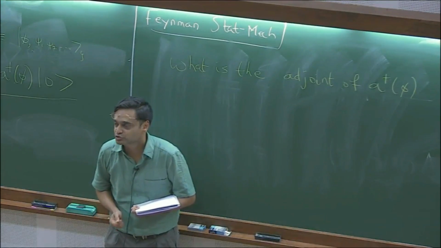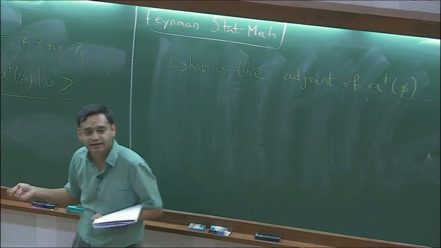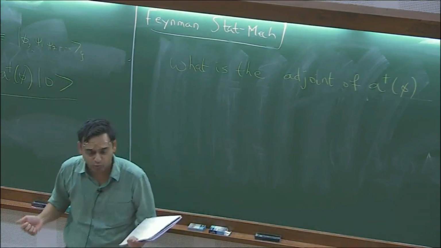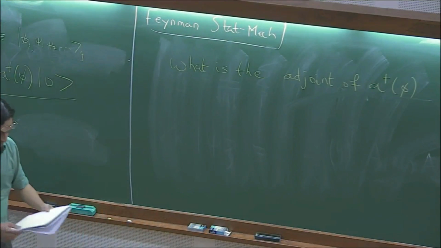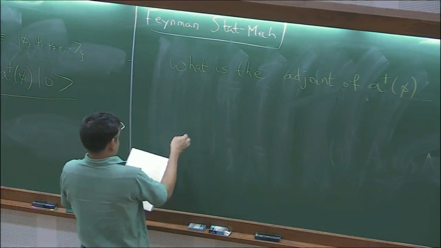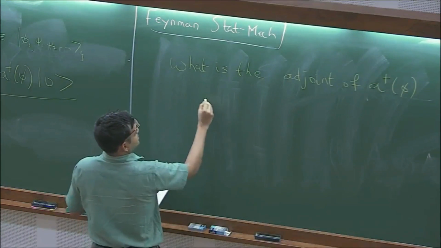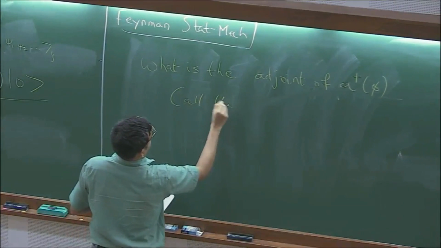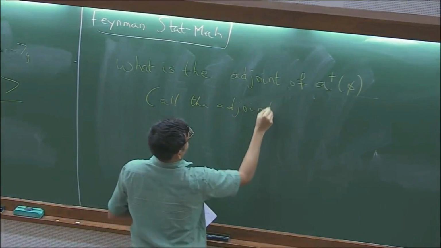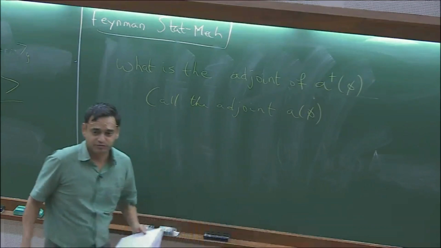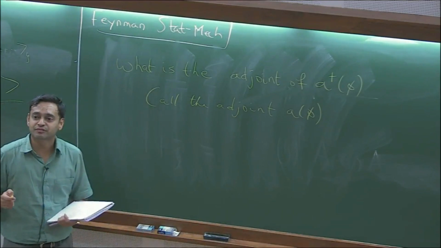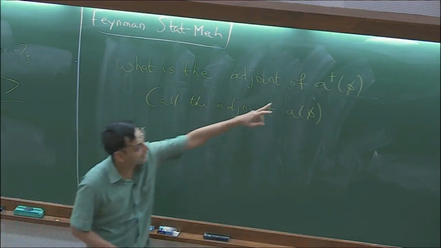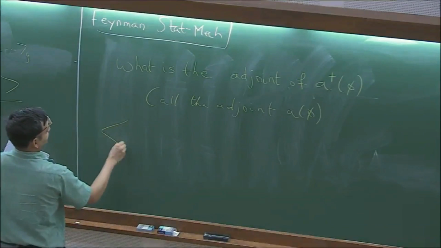Right? So we want to use this formalism and the definition of A dagger of phi to decide what's the adjoint. What does A of phi mean? Right? How do you define its action? In a way that it is the adjoint of A dagger. Right? So to do that, let's call the adjoint A of phi. We want to know what is the action of A of phi on a ket, right? But we know the action of A of phi on a bra because we know the action of A dagger on a ket. So we can write the following thing down.